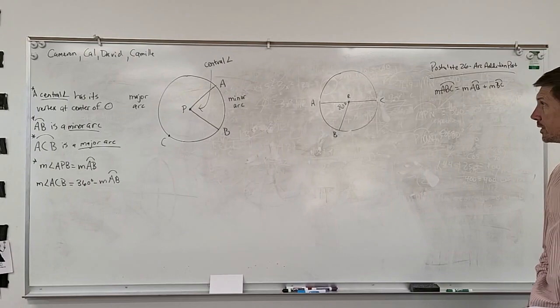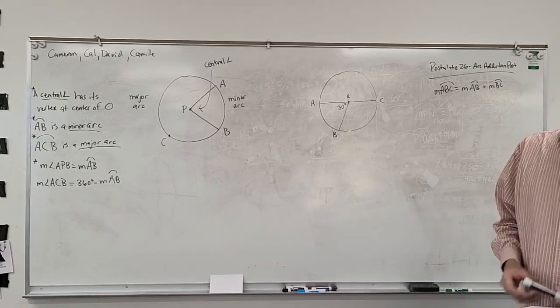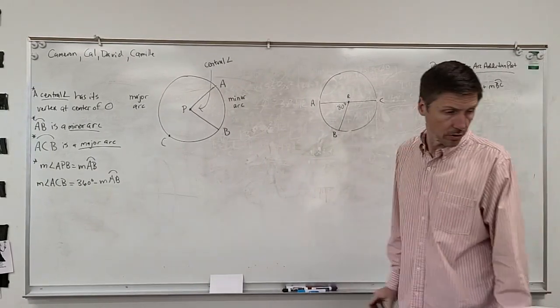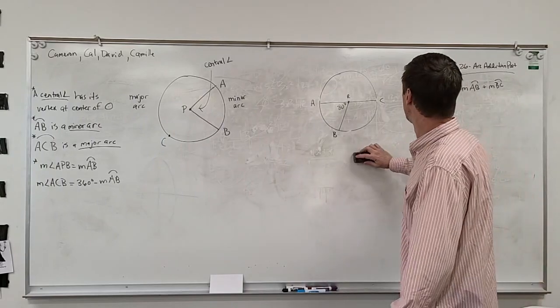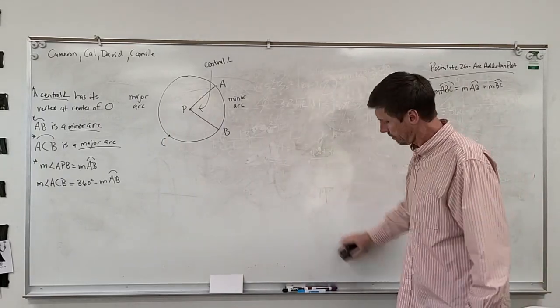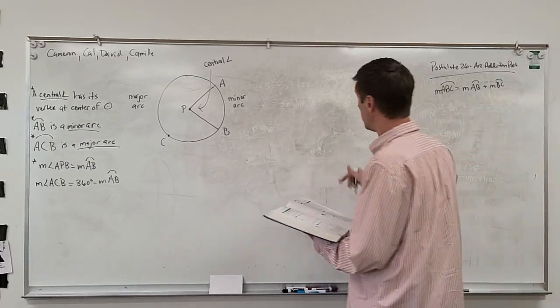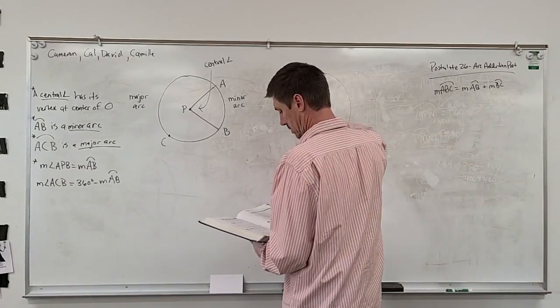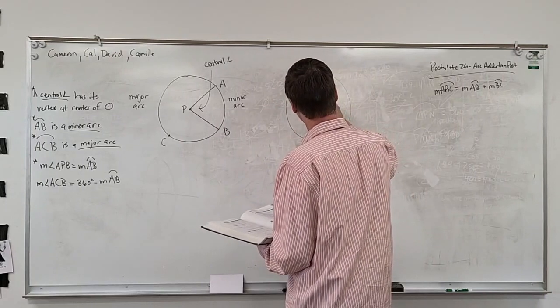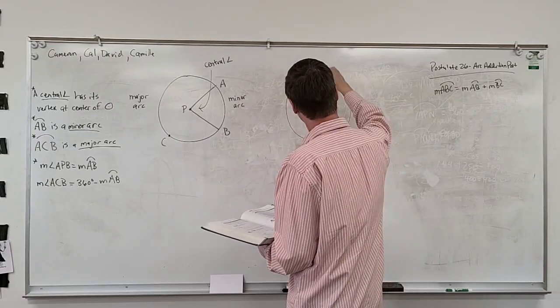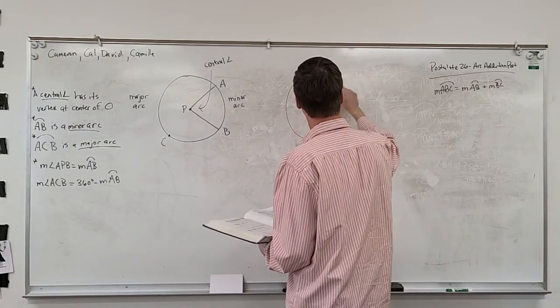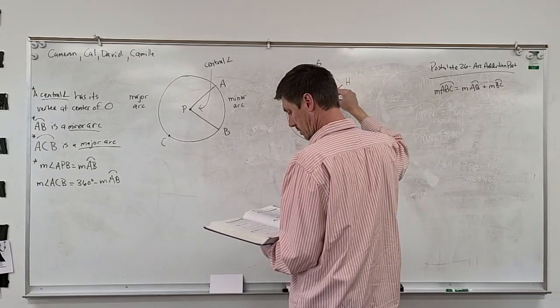So we can do one example. We'll just draw one circle and do example 2. I've got a center point, I've got G up here, I've got H right here.